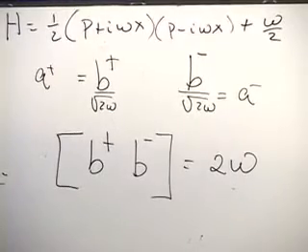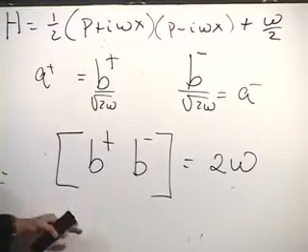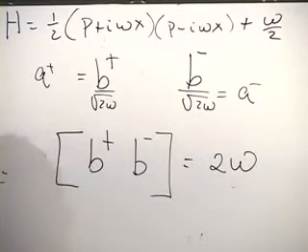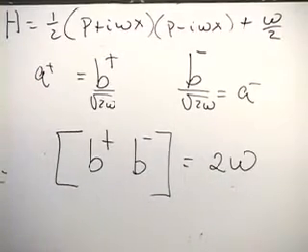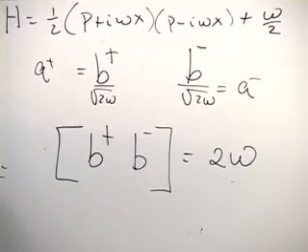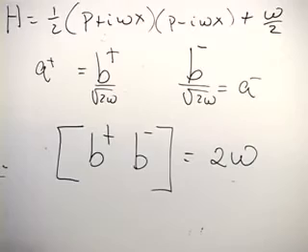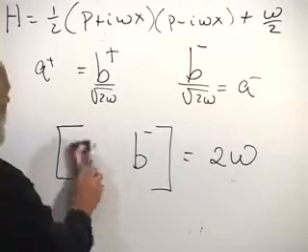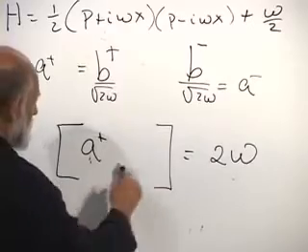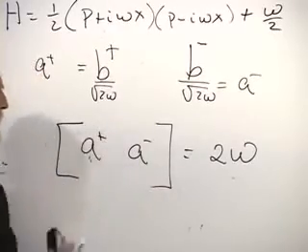And then what's the commutator of a plus with a minus? 1. All I did was divide this out so that the commutator would be 1. Now, as I said, this is a matter of convention. It's a nice convention, we'll see, but nevertheless, it's just a convention to define a plus and a minus so that the commutator is 1.